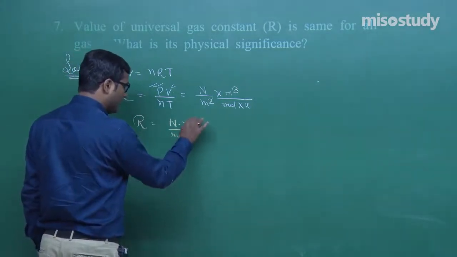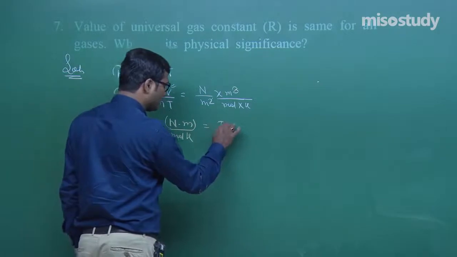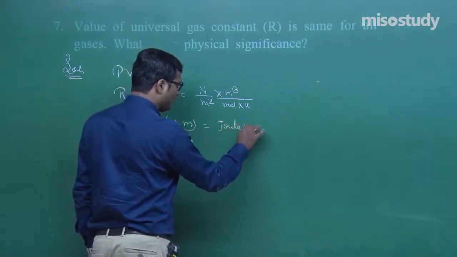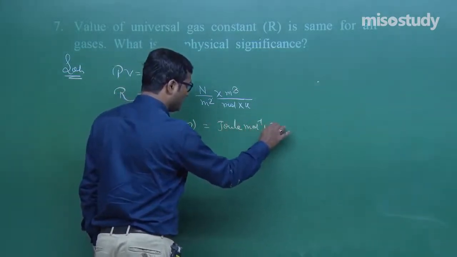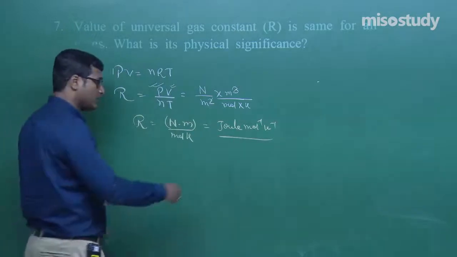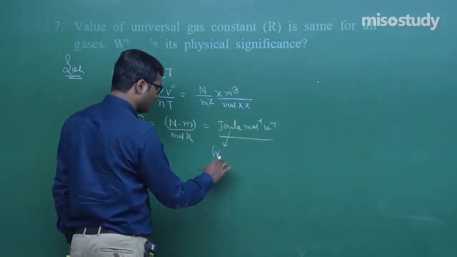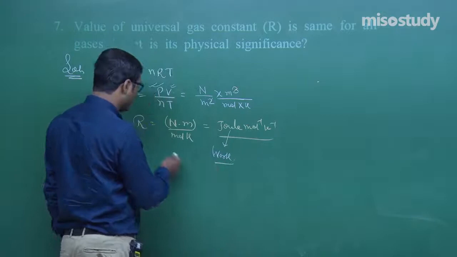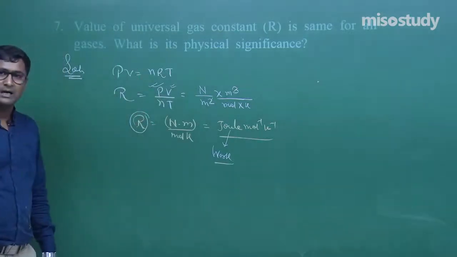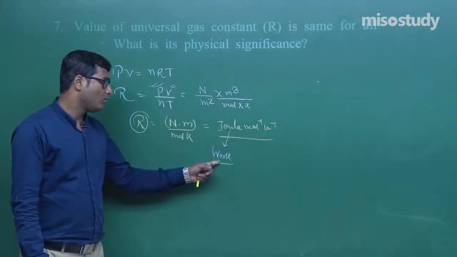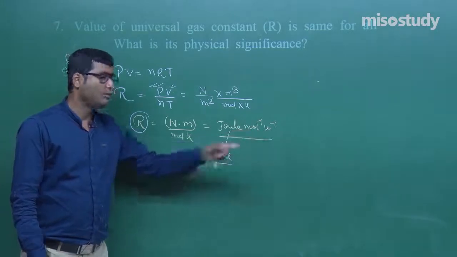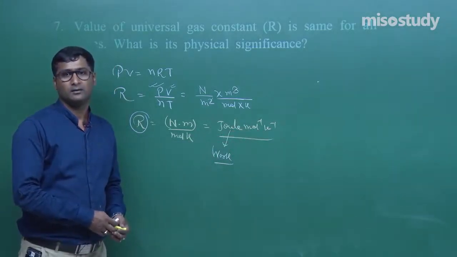As we know, Newton meter is equal to Joule. So Joule per mole per Kelvin. Joule is the unit of work. So, what is the physical significance of R? R is work done per mole per Kelvin. Clear to you?